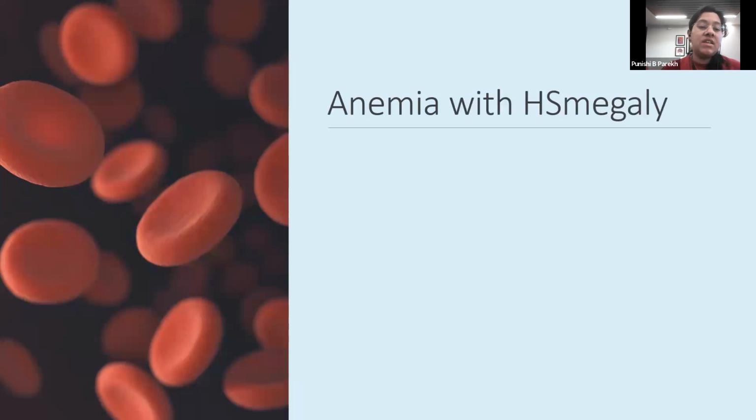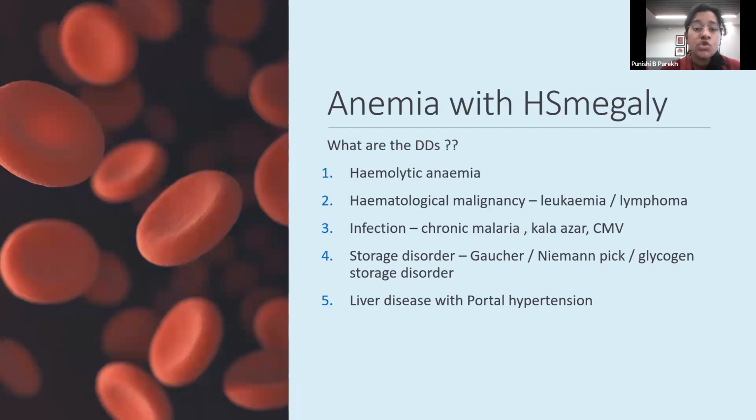So now if we have anemia with hepatosplenomegaly, what are the differentials of anemia with HSmegaly? Again, this is another question that can be asked in viva: if you think you're dealing with anemia with HSmegaly, what is your set of differentials? So it could be hemolytic anemia, which is the commonest cause of anemia and HSmegaly in the country.